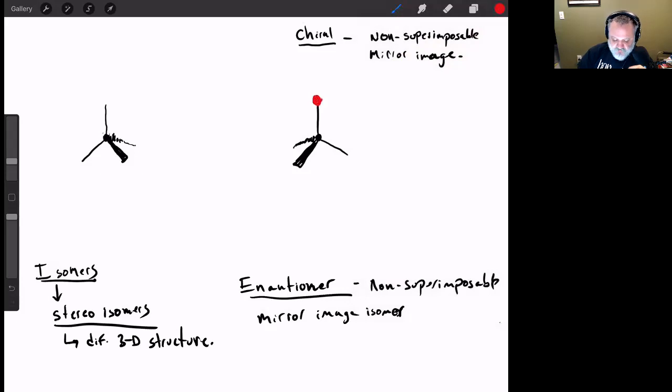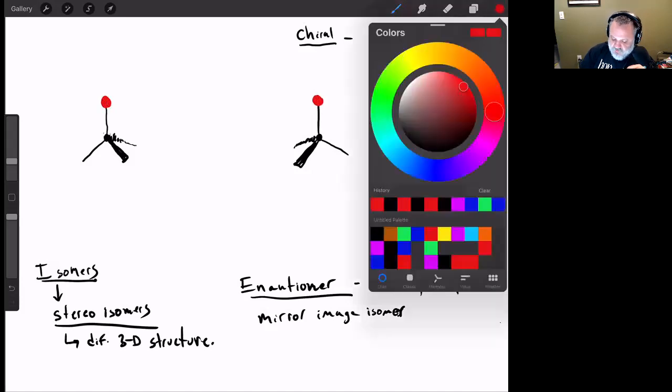If I were to create 4 different groups, and in this case, I'm just going to use the colors to represent that.